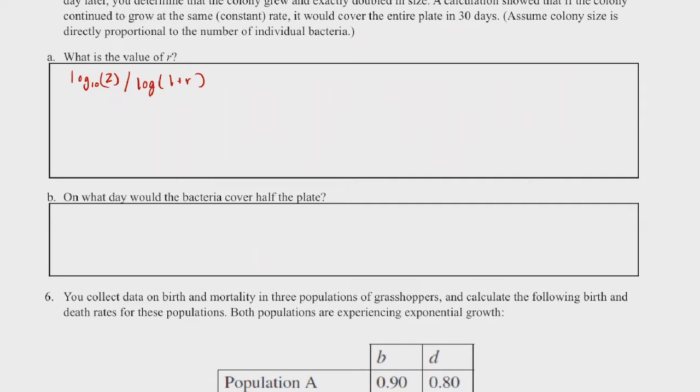So if 70 divided by R is equal to 1 day, then R must equal 0.7 or 70%.